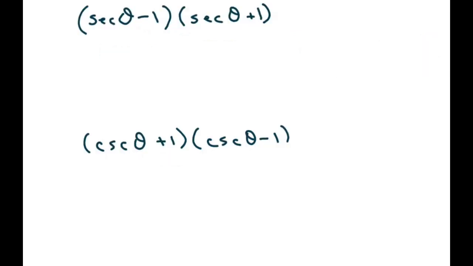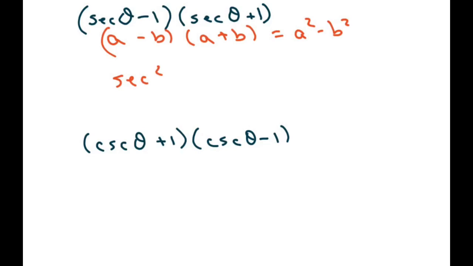Alright, the next problems we have are these. I'm going to go ahead and use the fact that a minus b times a plus b equals a squared minus b squared. So my a is secant, and my b is 1.